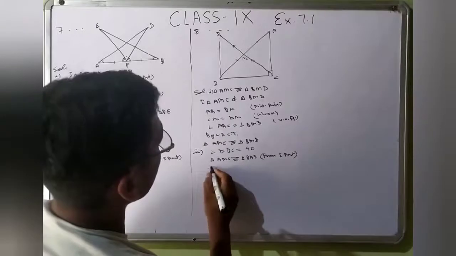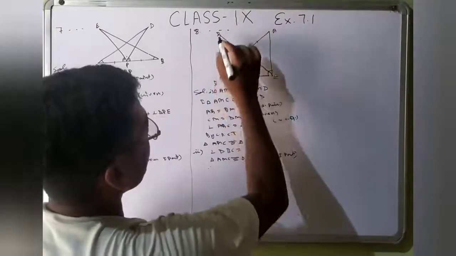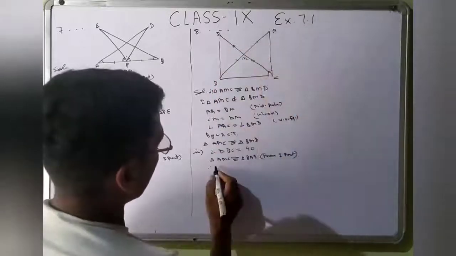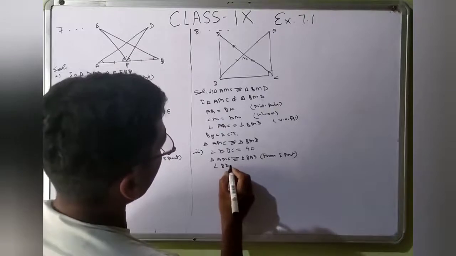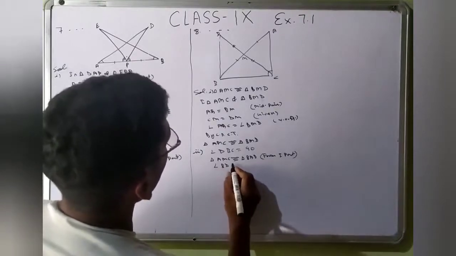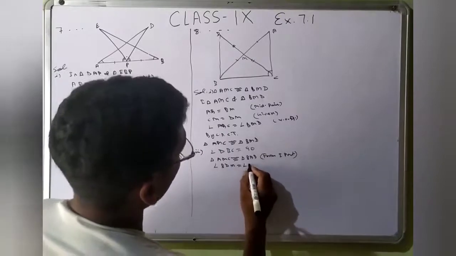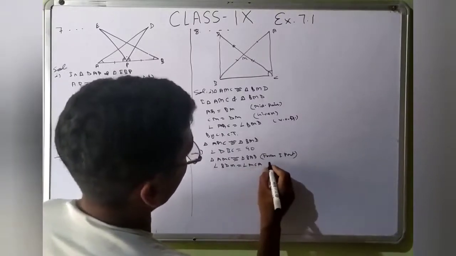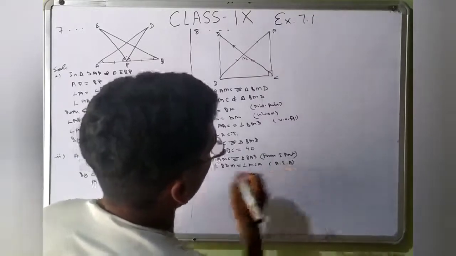So angle BDM is equal to angle MCA by alternate interior angle.